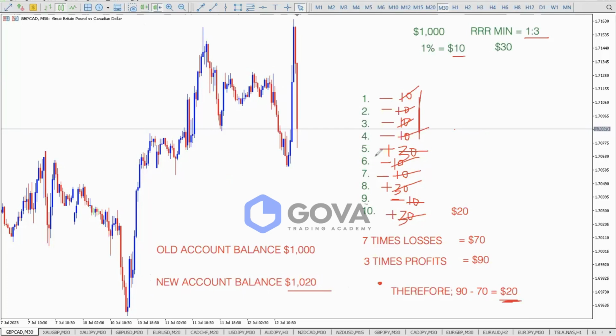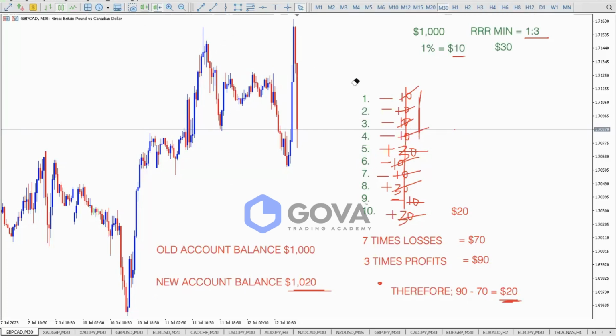So that is how to apply risk management. How are you able to make profit even after losing 7 times? That is because you decided to stick with the $10 risk you are taking. You didn't change it.